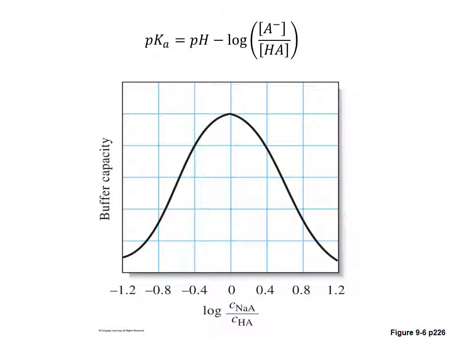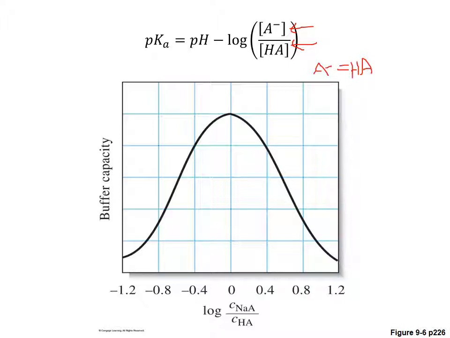So if we take this equation and think about buffering capacity, we know that when these are exactly equal, A- and HA, we're going to see that we have the negative log of 1. Now, you might not remember logs exactly, but if you plug that into your calculator, you'll find that when A- is equal to HA, then that whole value is equal to 0.